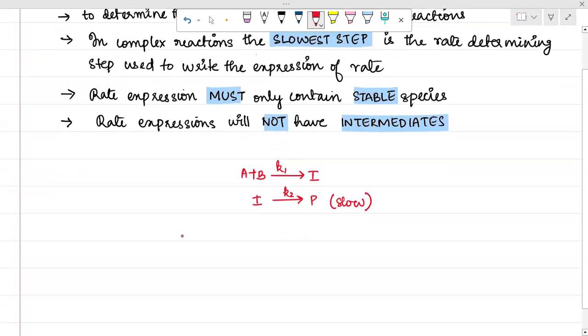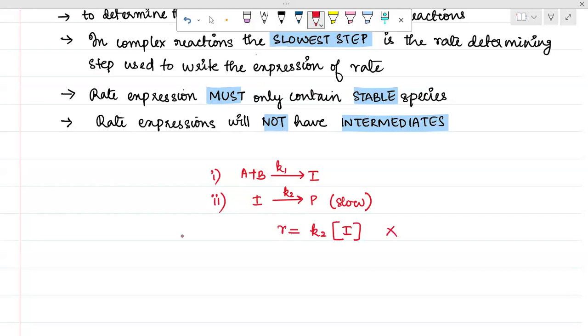According to rule number 1, the slowest step is the rate determining step. So if we have step 1 and step 2, step 2 is the rate determining step. From it, we can write the expression as R is equal to the rate constant of that step into the reactant of that step, which is I.